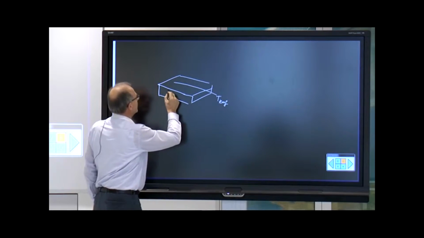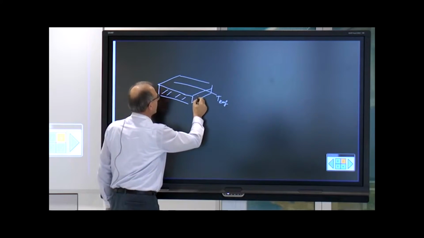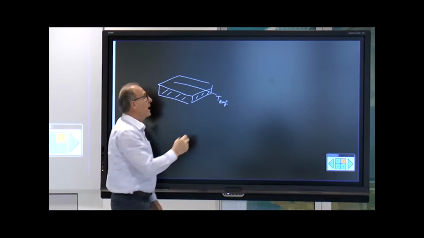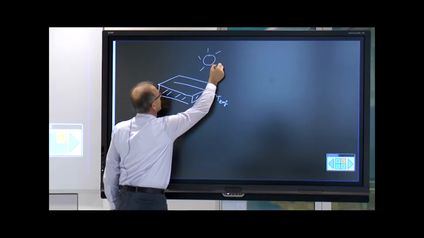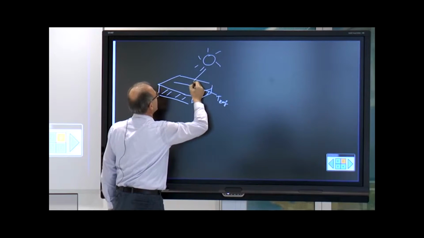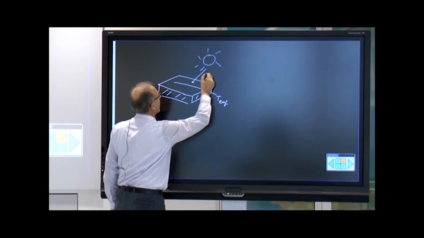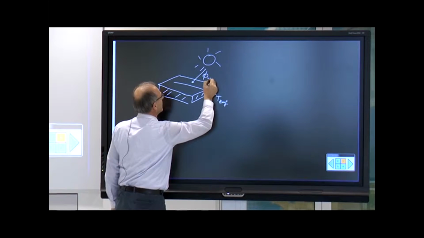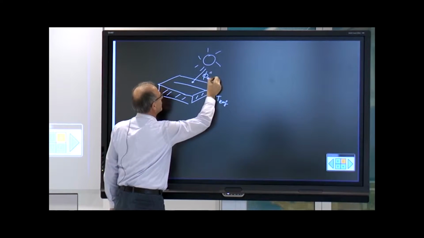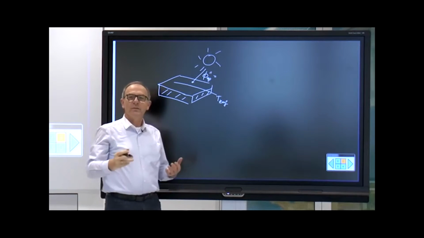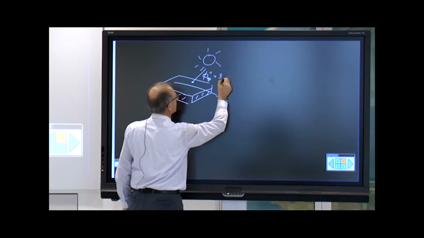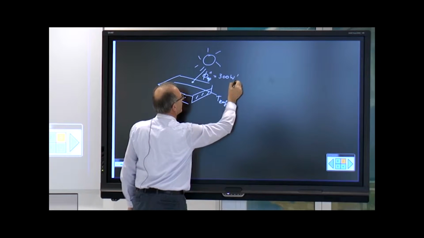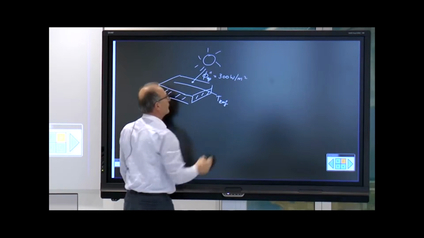And this roof is insulated below, and the sun is shining the whole day because it is a really nice country, on this roof. And the amount of energy which is coming to the roof is 300 watts per square meter of the roof.